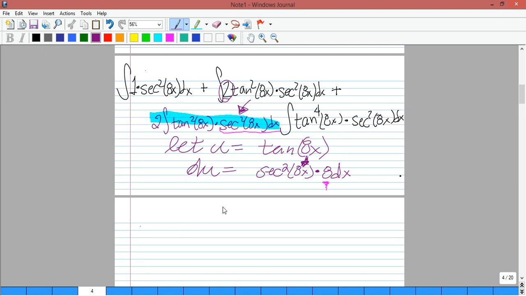So here we go. du divided by 8 is equal to secant squared 8x, which is multiplied by dx. And when we have this, that equals this. This right here equals this right here. So then we can do a direct substitution, okay?